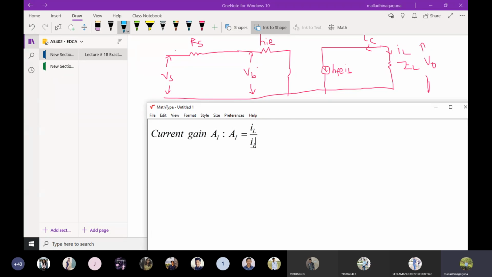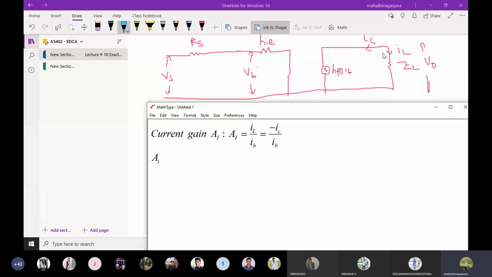So this is my equation. Current gain AI is equal to IL by IB, where IL is nothing but minus IC, because IL and IC are in opposite directions. So AI equals minus IC by IB.